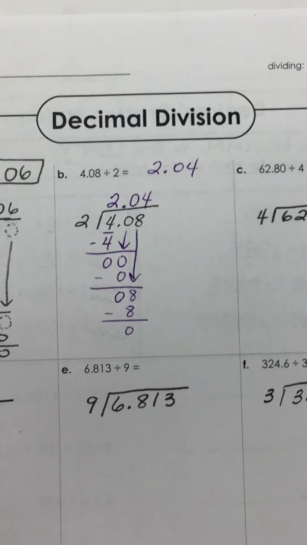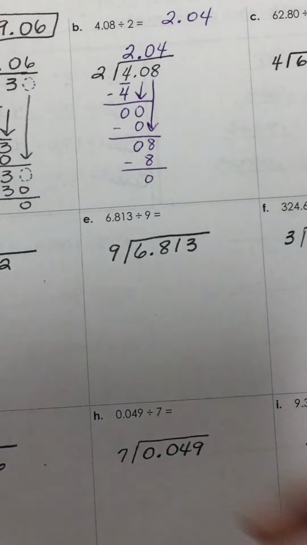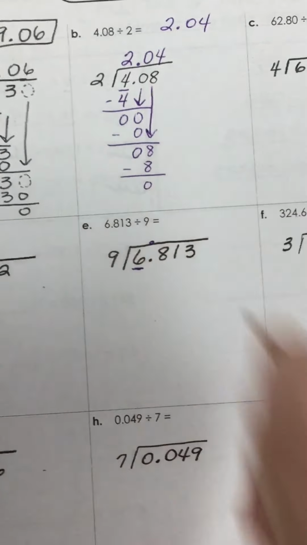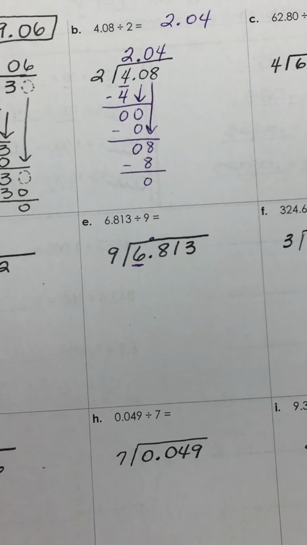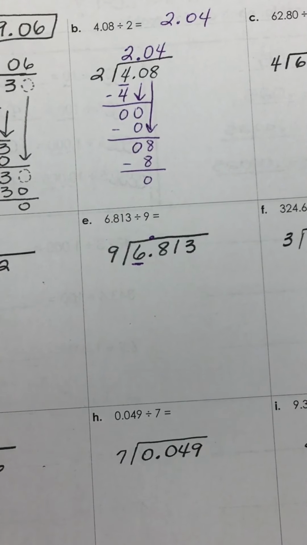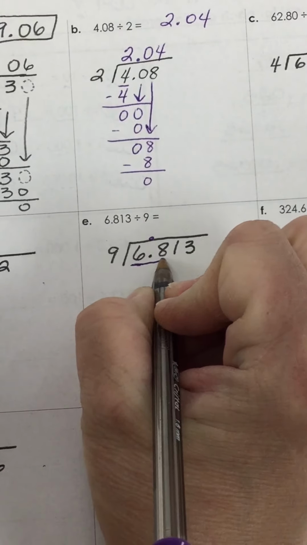Okay, I'm going to do one more. I'm going to do E. Okay, so the first thing I do is bring up the decimal. And I look at 9 can go into 6. Okay, and you have to think about it. Can 9 go into 6? Okay, 6 is smaller, so the answer would be no. So then you're going to underline 68.